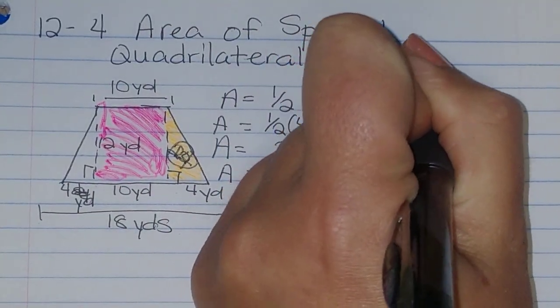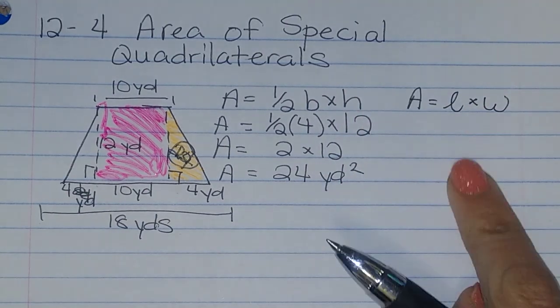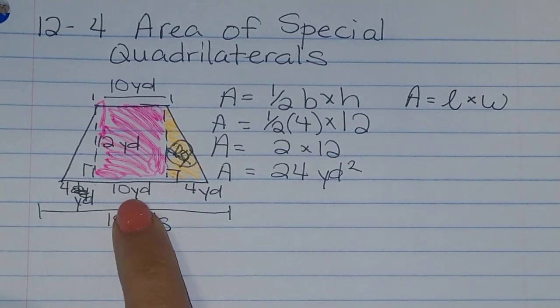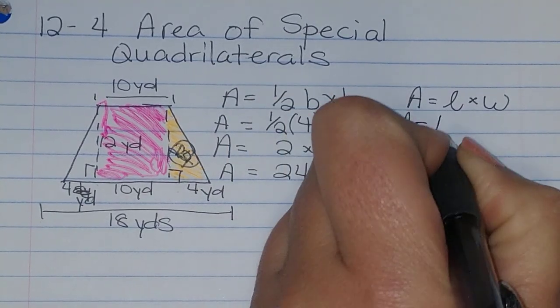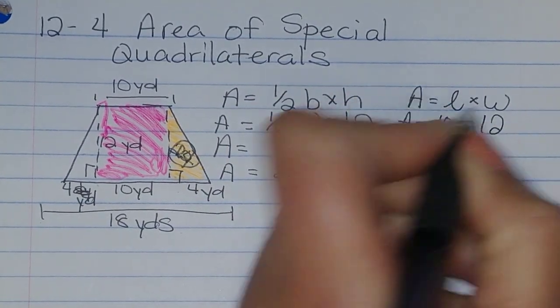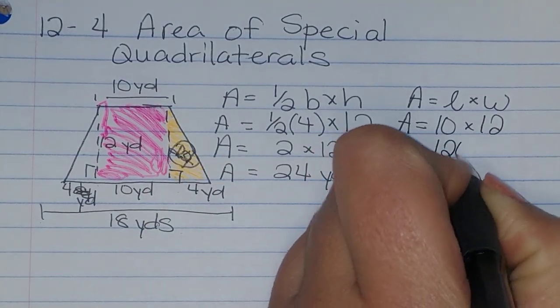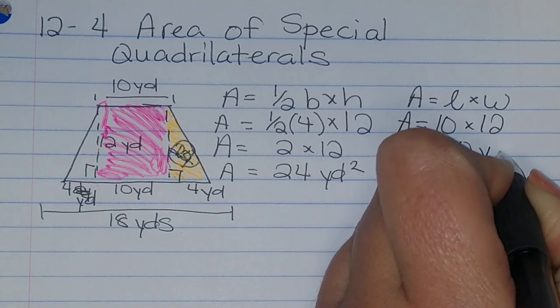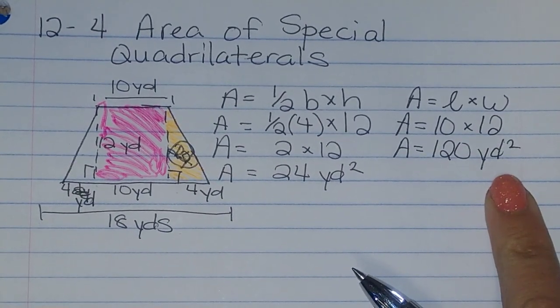So for my rectangle, area equals length times width. I have a length of 10 and I'm multiplying it by 12. Area equals 10 times 12. My area equals 120 square yards, or we can write yards squared.